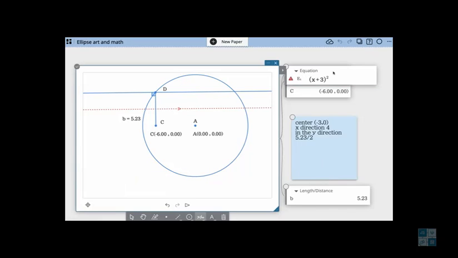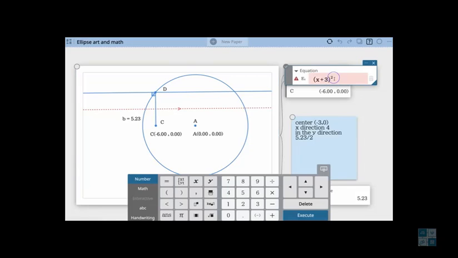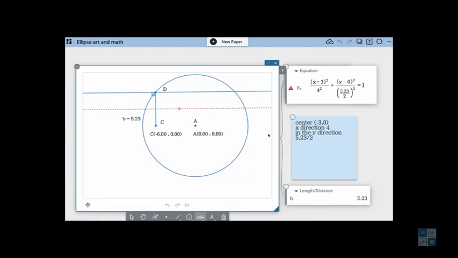In the denominator I will have 4 squared, plus y minus 0, raised to the second, divided by 5.23 divided by 2, quantity squared. I want to square that on the outside, raised to the second. I'm going to make that equal to 1. So here's my equation. It's in here.